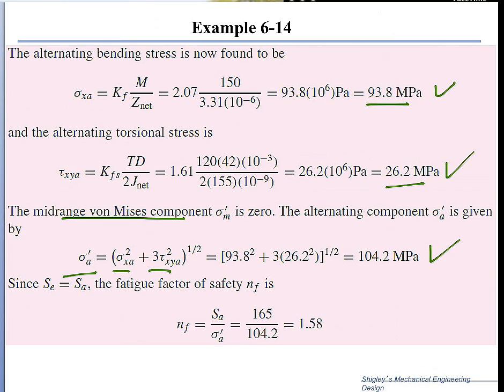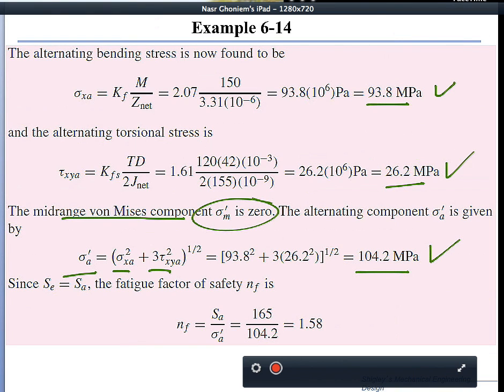Therefore the mid-range von Mises stress is 0 obviously, because everything is alternating. We don't have any mean value, but the alternating equivalent stress turned out to be 104 MPa.